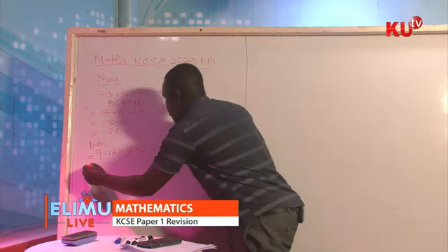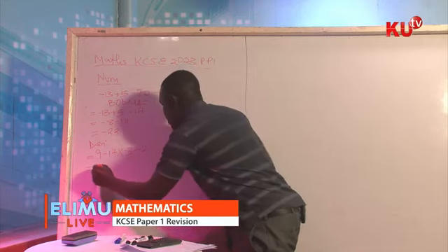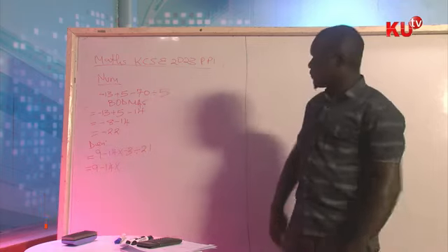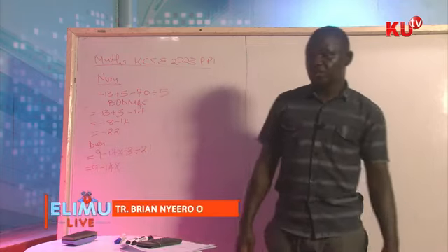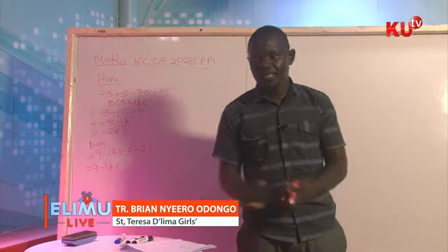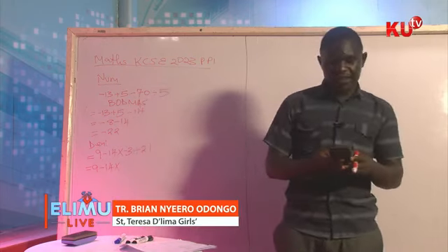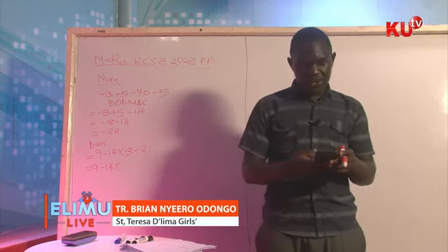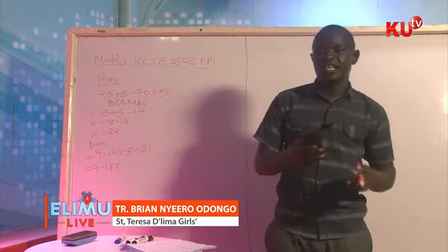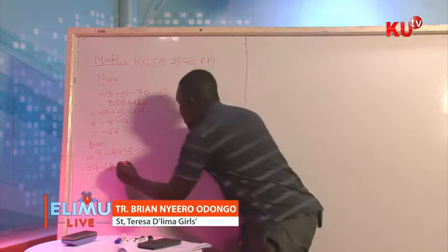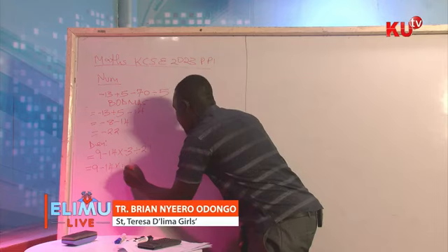So this will be 9 minus 14 times, what is negative 3 divided by 21, dear students? You take your calculator once more. Negative 3 divided by 21, you get it in terms of a fraction, negative 1 over 7.